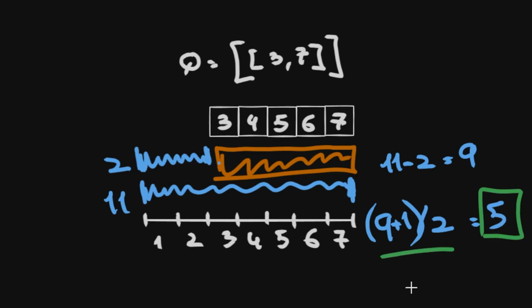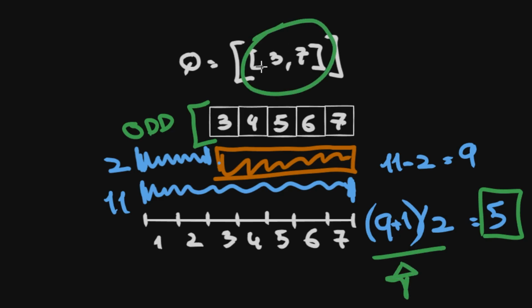Now, why do we need to round up this value? Well, because for example here we have 5 values. We have an odd number of values, and we don't want to exclude any of these values. We want to include them all. That's why we need to round up this. And here we only have 1 query.